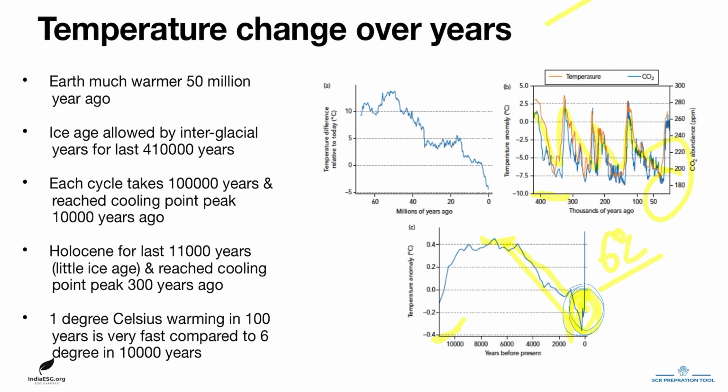So this means that the per century increase, which should have been 0.06 degrees Celsius, instead we have experienced an increase of 1 degree Celsius, which is 16 times faster.